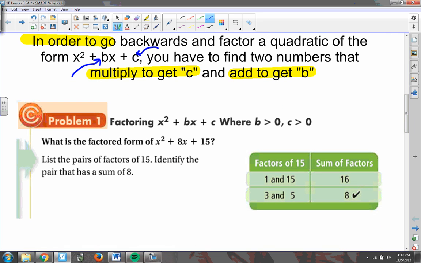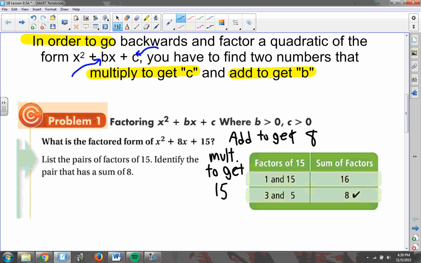In this example, problem 1, they want us to find the factored form of x squared plus 8x plus 15. In order to do that, we need to find two numbers that add to get 8, and multiply to get 15.